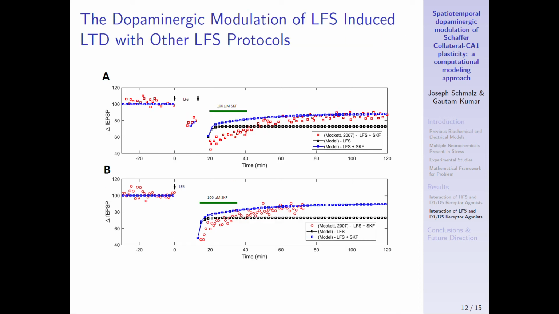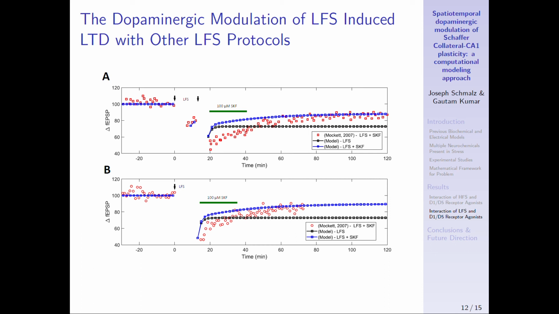Next, we consider other low-frequency stimulation protocols. Previously, we considered a low-frequency stimulation protocol of 1200 pulses at 3 Hz. In A, we consider 2 rounds of this low-frequency stimulation protocol with a 5-minute rest period between the 2 protocols.